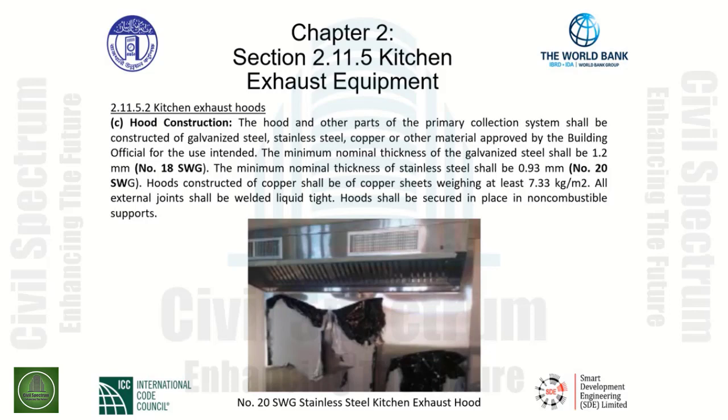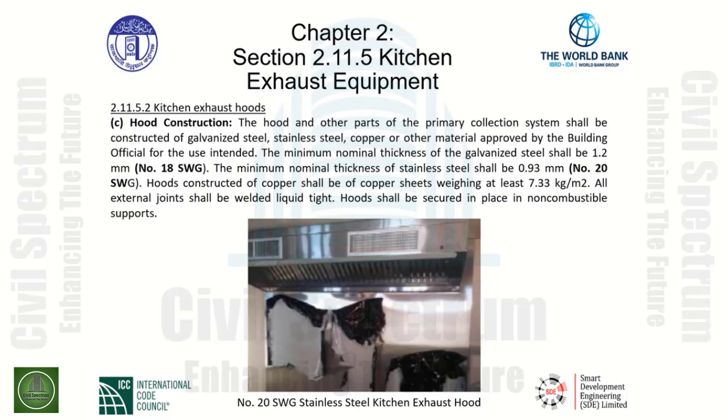Item C gives the requirements for hood construction. The hood is required to capture these grease-laden vapors. The hood and other parts of the primary collection system shall be constructed of galvanized steel, stainless steel, copper, or other material approved by the building official for the use intended.